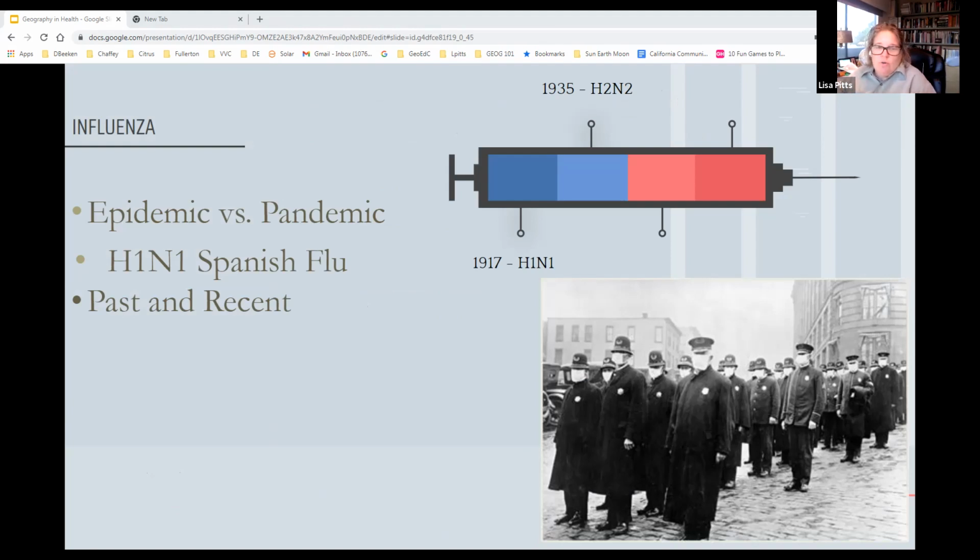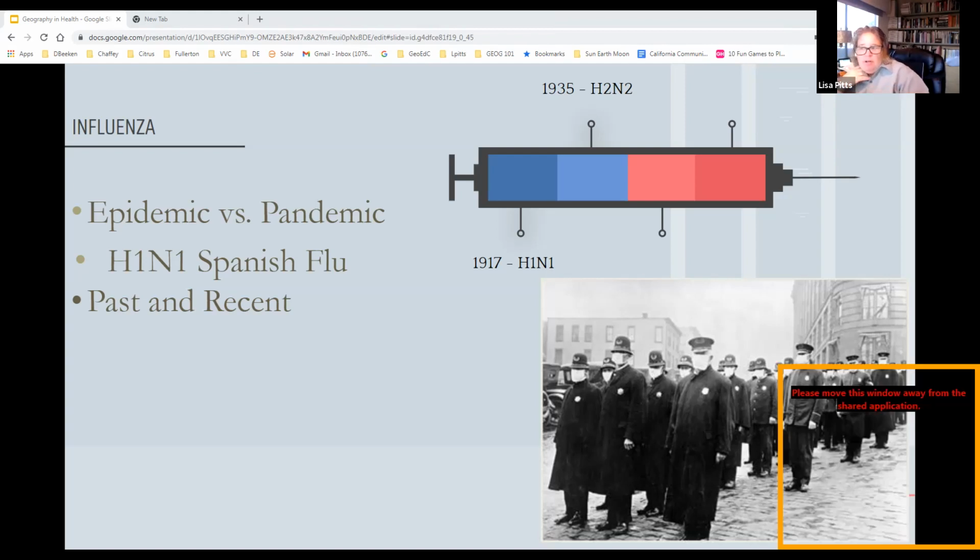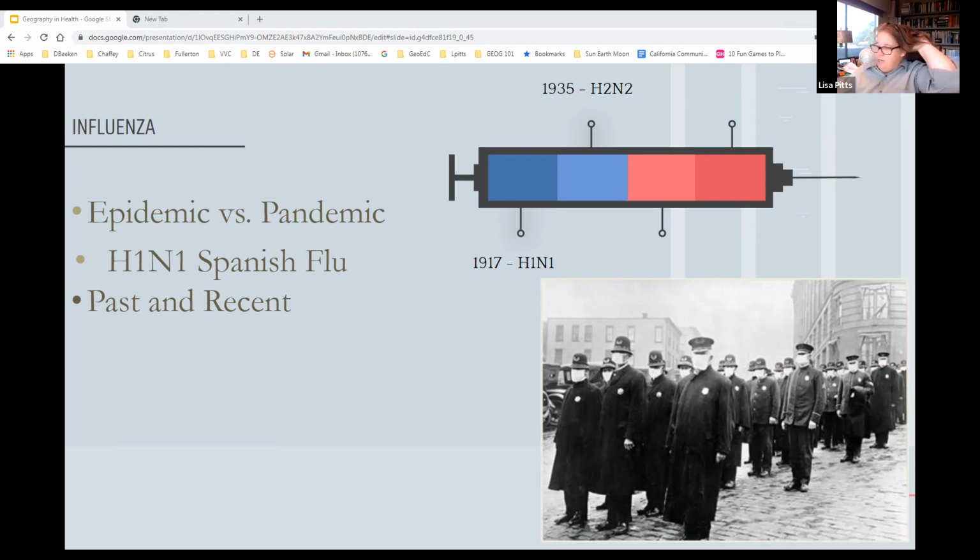So also, in order to really talk about disease, you need to understand the difference between an epidemic and a pandemic. So an epidemic is a large number of people within a community or population. And a pandemic, as you should all be aware now, is when it spreads to multiple countries or continents across the world.